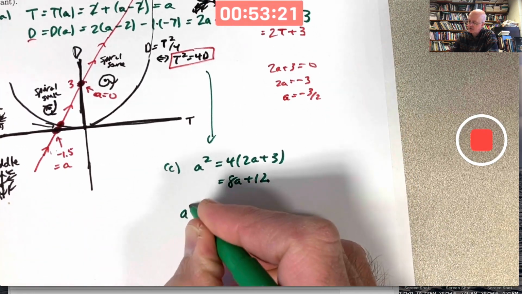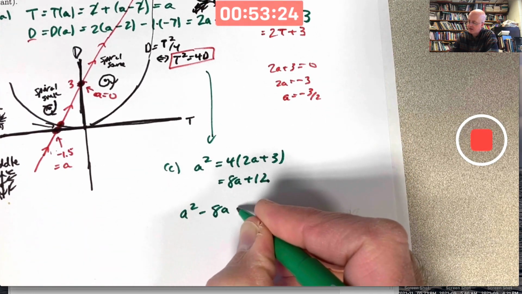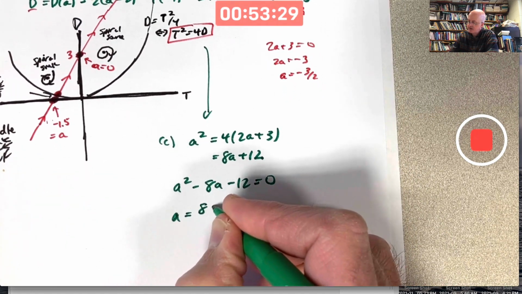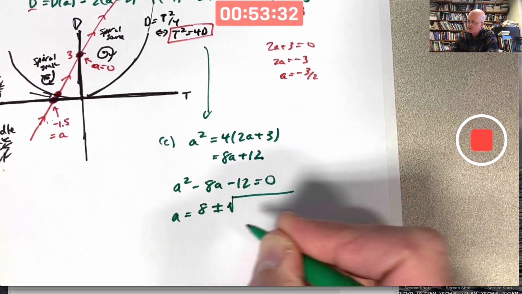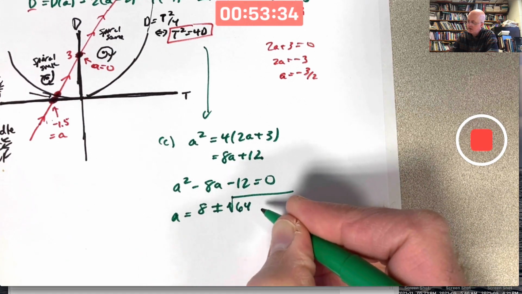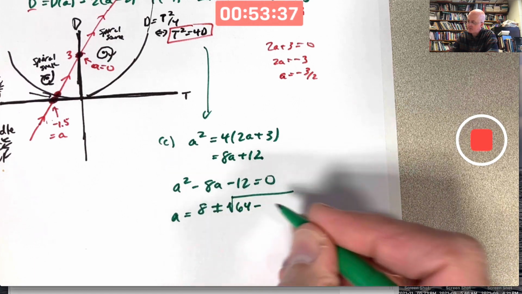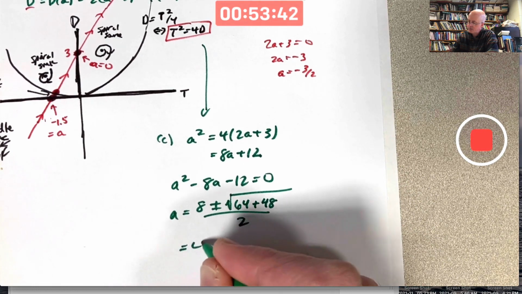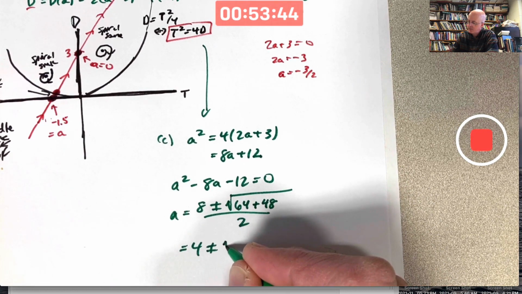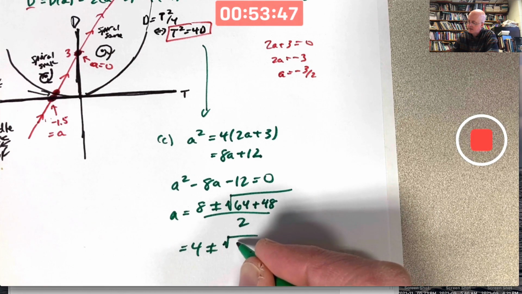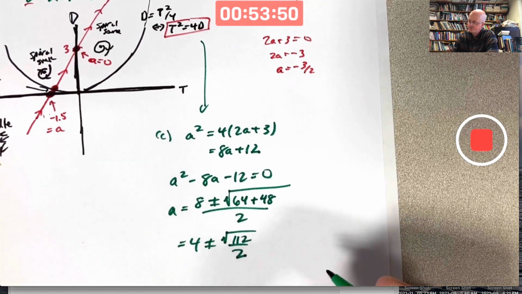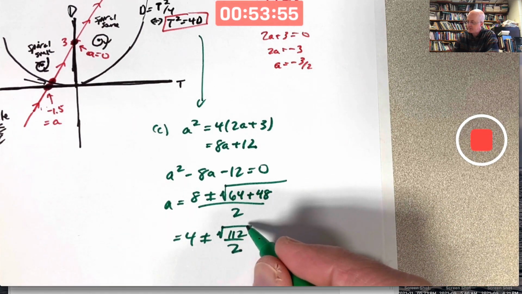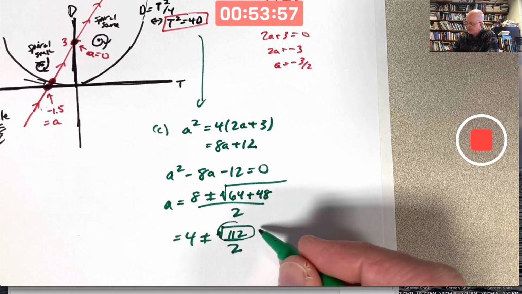Quadratic equation, a squared minus 8a minus 12 equals 0. Can't easily factor that. The quadratic formula is necessary. Gives 8 plus or minus square root of -8 squared, which is 64, minus 4 times 1 times -12, which is plus 48. It's not a nice number here. It's 4 plus or minus square root of 112 over 2. It's fine that those are the answers. Can we simplify this? Is 112 divisible by 4?